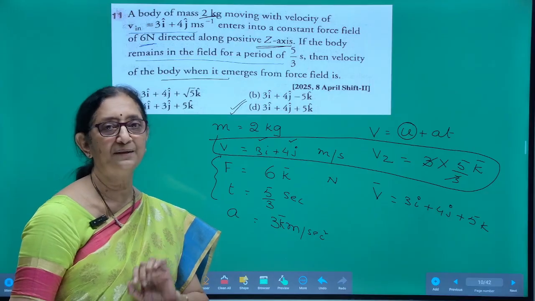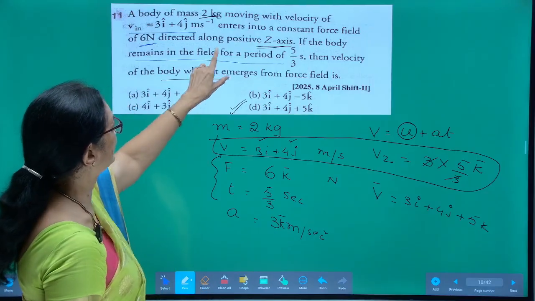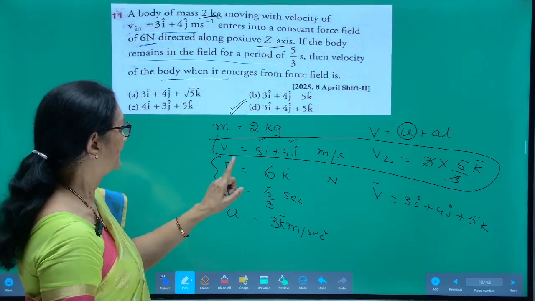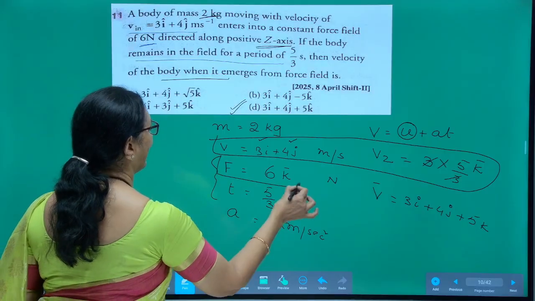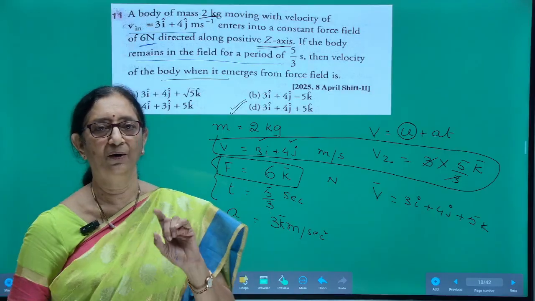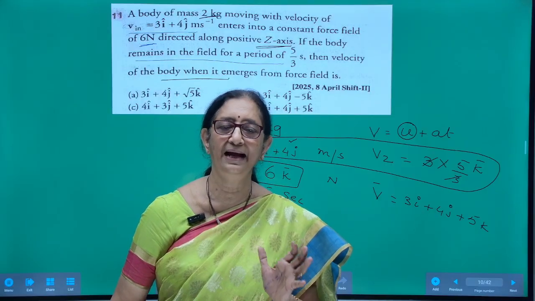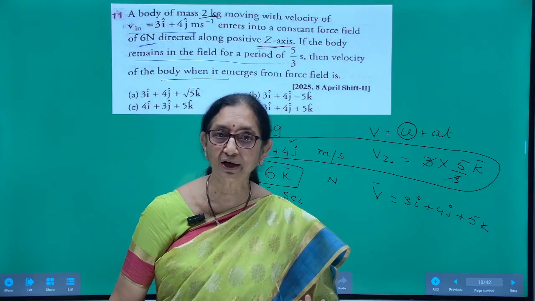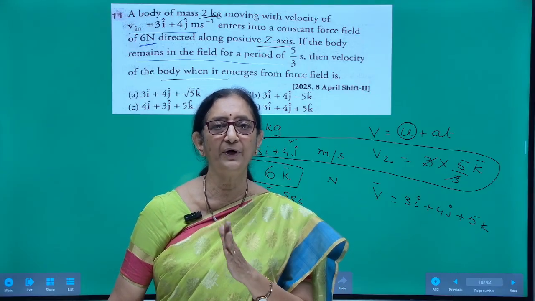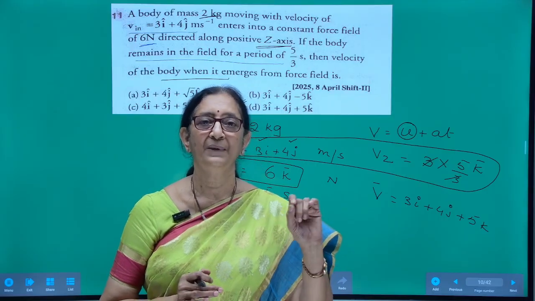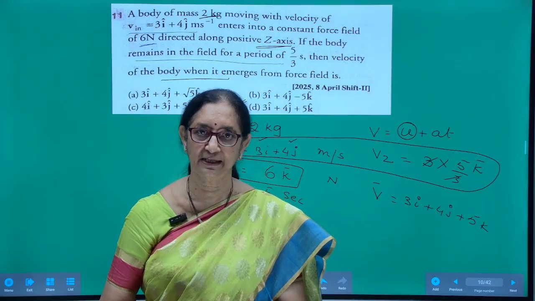So, here the most important thing is the force is along the positive z axis. So, force is acting along z axis only. So, its velocity along y axis and x axis do not change, because the component of a force which is acting along z axis along the xy axes will be 0.